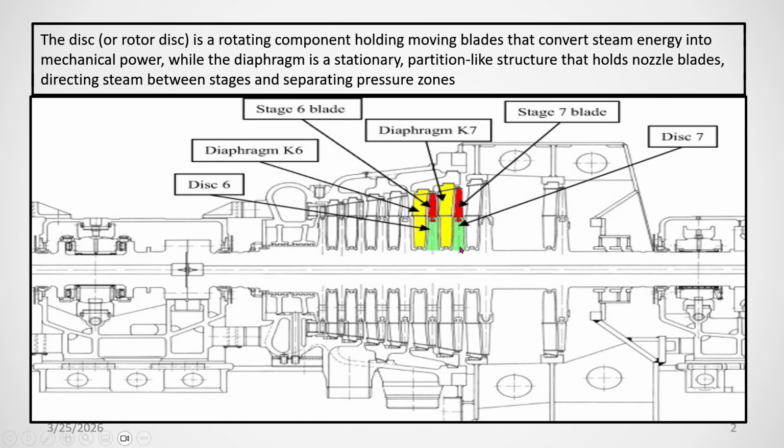This is called the disc, and over the disc, this is the integral part of the turbine rotor. Here the red one is called the blades, and the yellow one is called the diaphragm, where the stationary blades are installed.